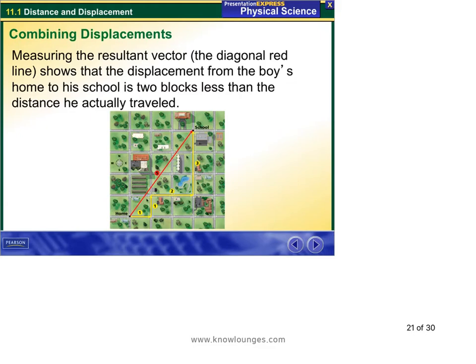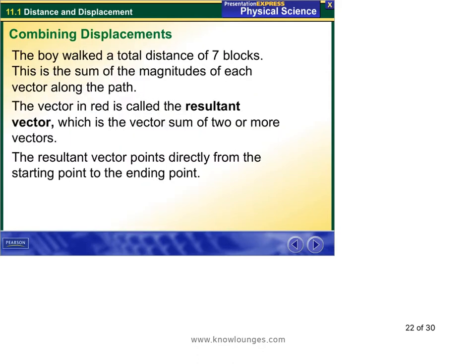And then to get an accurate displacement, we would give it some type of direction. Here we could call it northeast. If we wanted to be more precise, we add a degree measure in there. So, the boy walked a total of 7 blocks, the sum of the magnitudes of each direction.